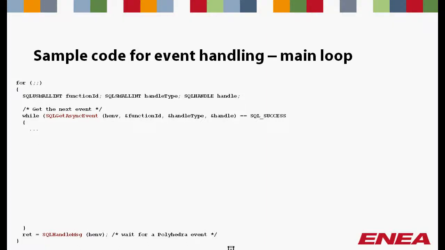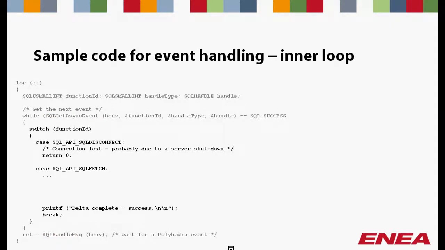Let's move on to the inner loop. And what we're going to do here is switch on the function type which identifies what type of event has been received. In this application we're only expecting two different types of event. One is a disconnect event, which indicates that the database service has been stopped or the connection to it has been lost.